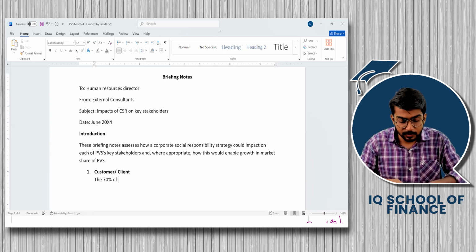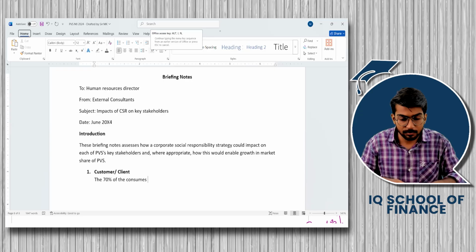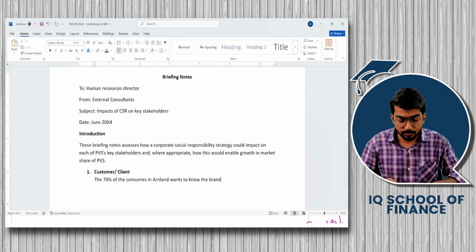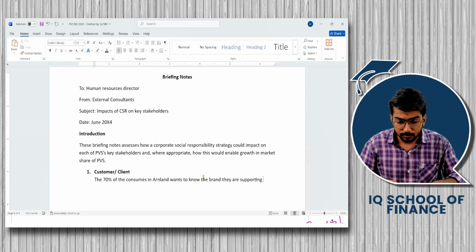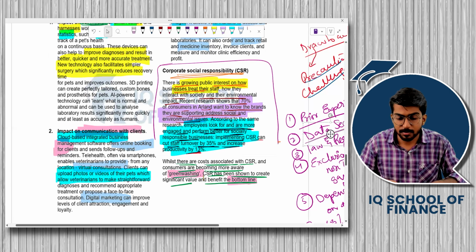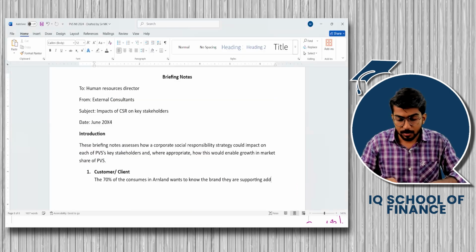The 70% of the consumers in Ireland want to know the brand they are supporting addresses social and environmental issues.